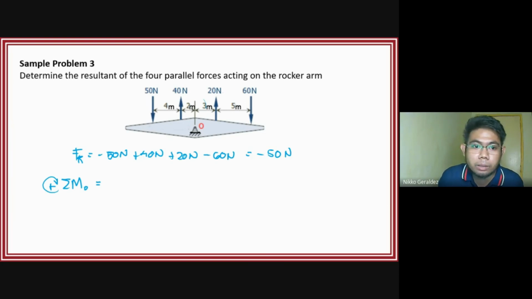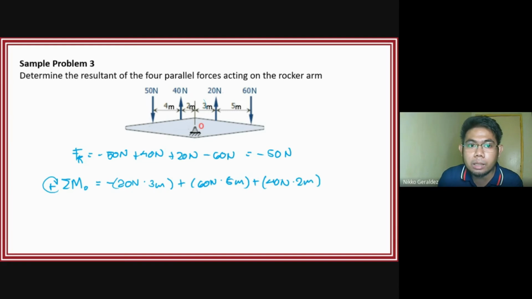So, counterclockwise, so that is negative 20 newtons times perpendicular distance 3 meters. 60 newtons, clockwise, so that is positive 60 newtons times perpendicular distance 8 meters. Then 40 newtons clockwise then, so plus 40 newtons times 2 meters. Then last 50 newtons counterclockwise, so minus 50 newtons times 6 meters.